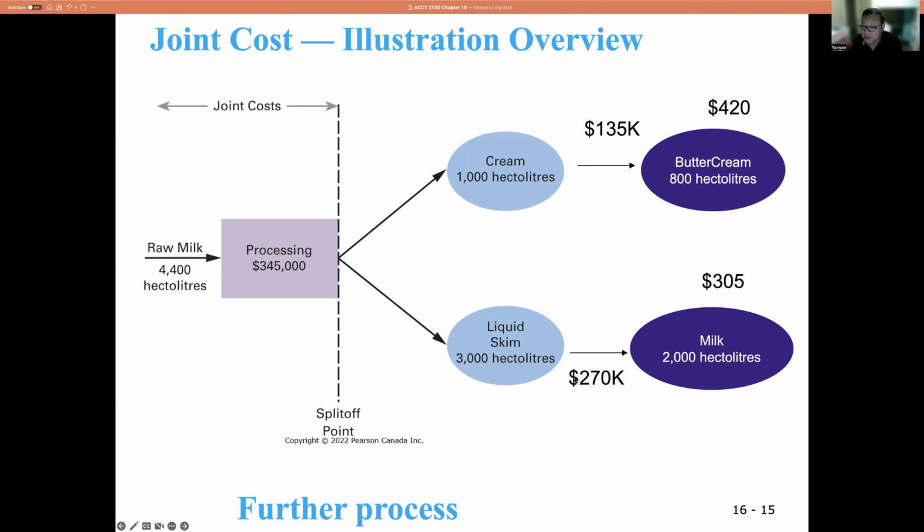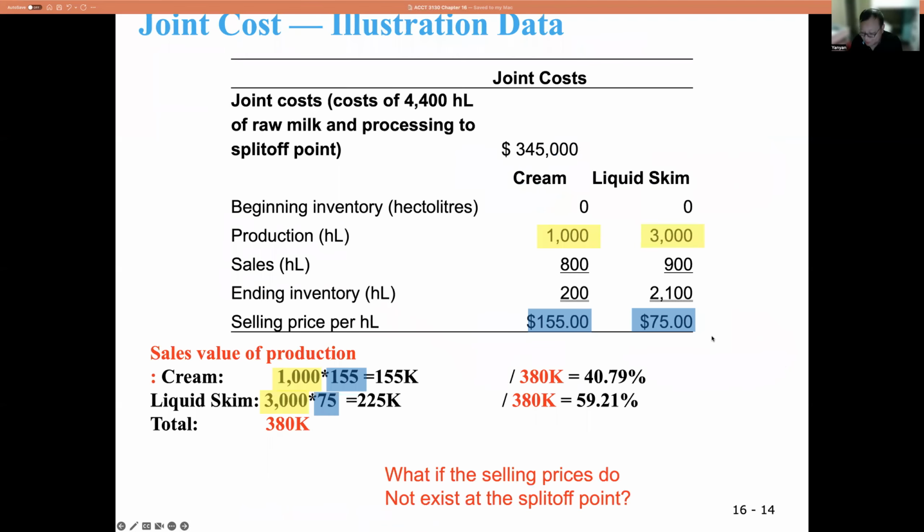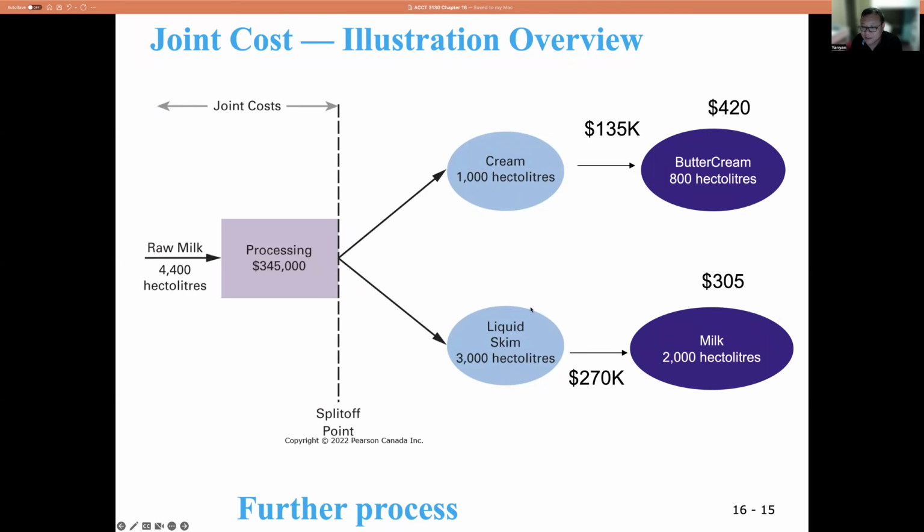And this process is going to cost $270,000. And once you get the milk, you sell it for better. Instead of selling at $75, here you sell at $305 per hectoliter.